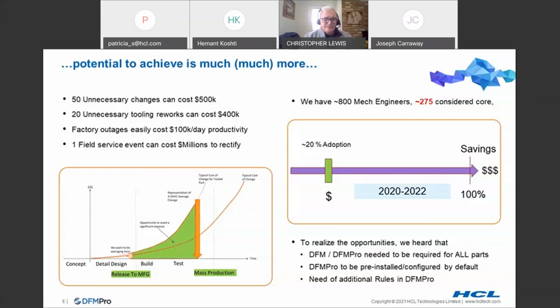The tooling rework, and so it's kind of a connection to that 20% here. We mandate for tooled parts that they get analyzed with DFMPro, and before an appropriations request is made to buy that tool, we have to have evidence that someone's considered DFM, and the easiest way of doing that is with DFMPro.